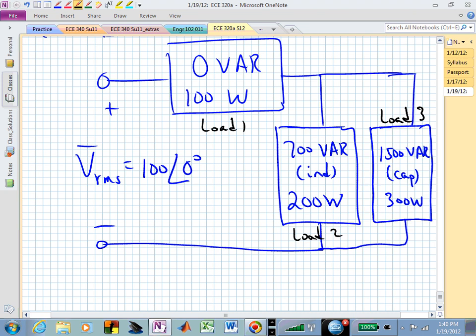And maybe somebody says, what is this current? Wow, we don't have any R's, L's, and C's anywhere. Well, they're buried. So now we have to work with what we're given. Maybe your question is, what is I sub RMS bar?